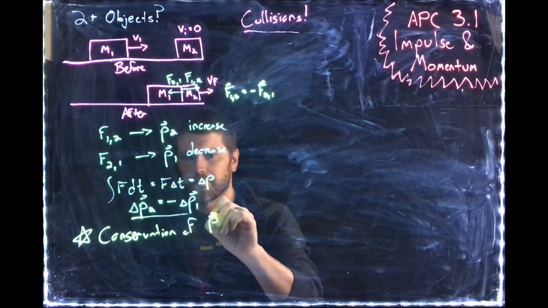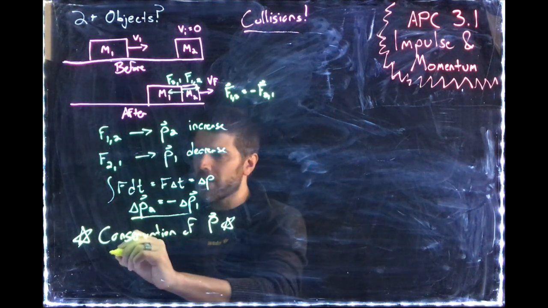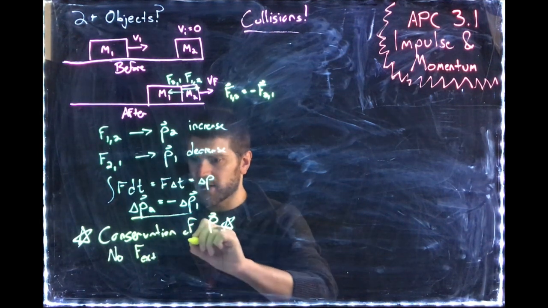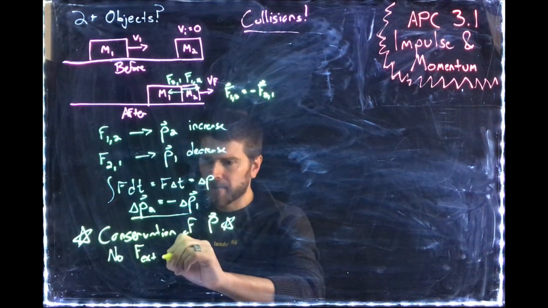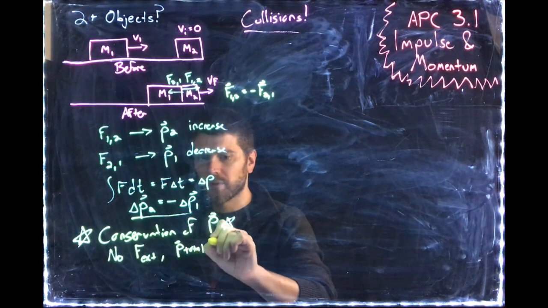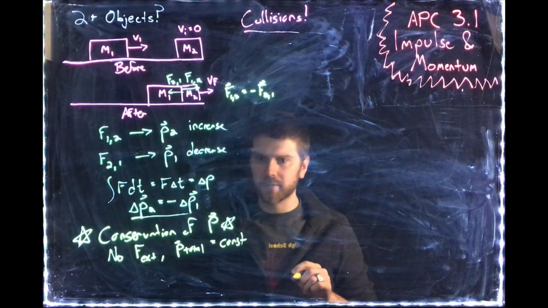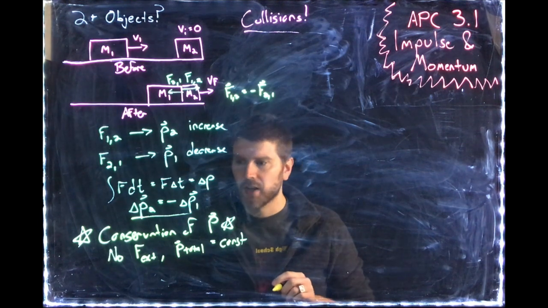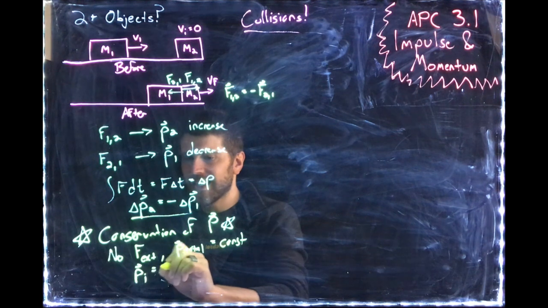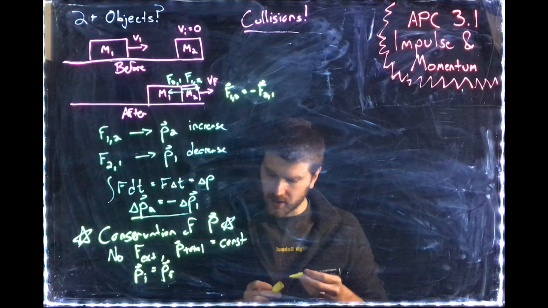What the law of conservation of momentum states is that if there's no external forces, we'll talk about what those are in a second, then the total momentum of a system is constant. So whatever our momentum is before some collision or some interaction is exactly equal to our momentum after the collision.